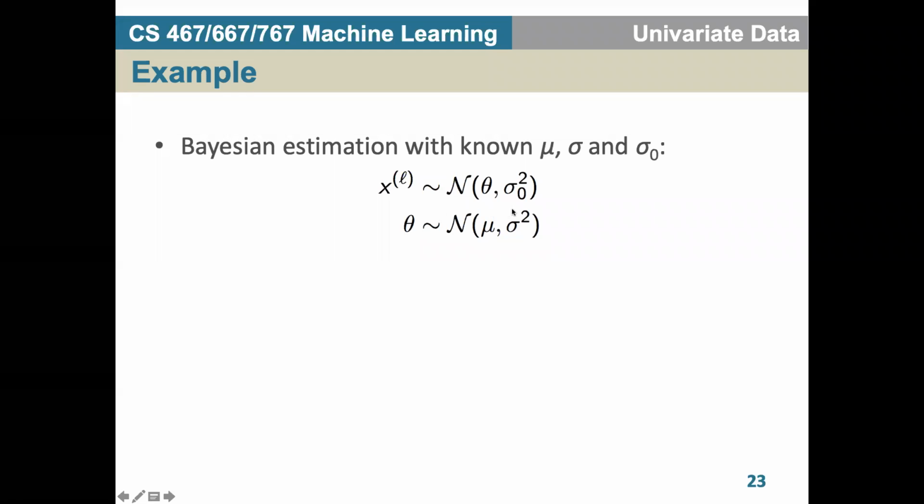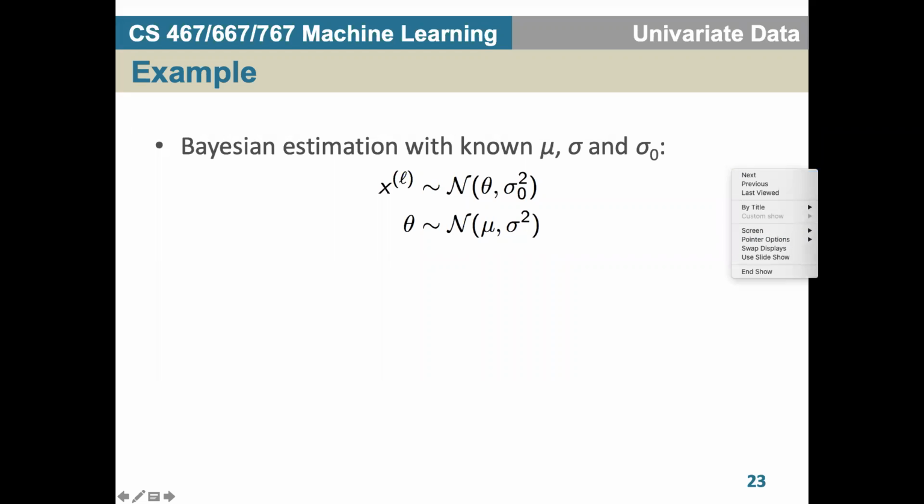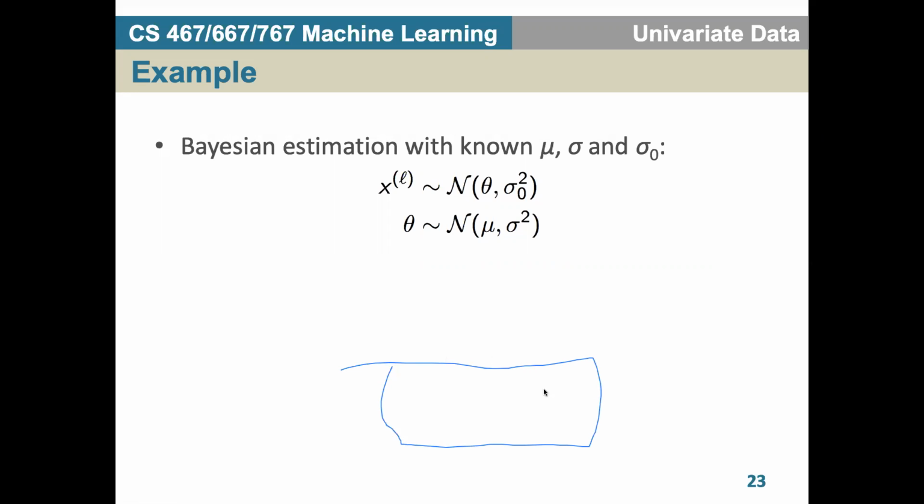This can be, for example, the GPS coordinate. If you are estimating your GPS reading, say, hey, you are here, you know that the GPS device has some certain error, let's say 5 meters error. So this is always 5 meters error. But you don't really know where the true location is.